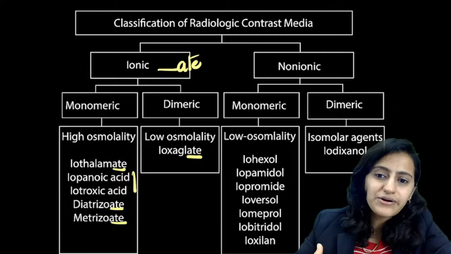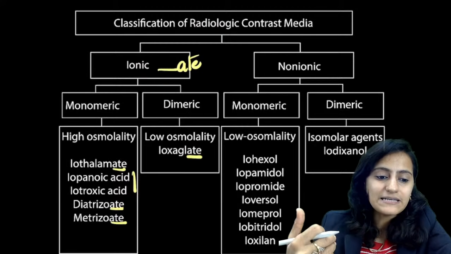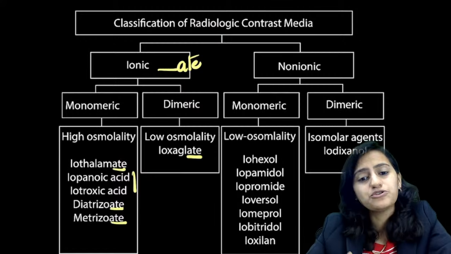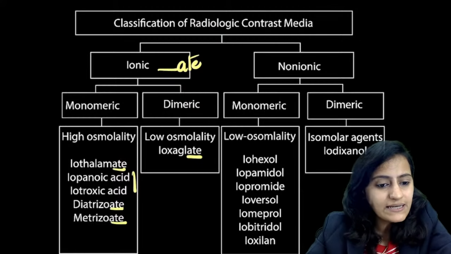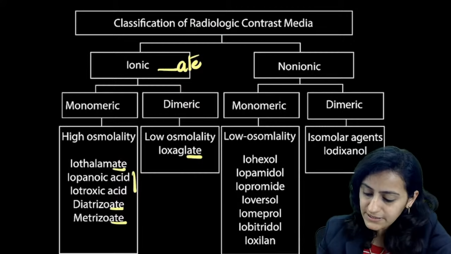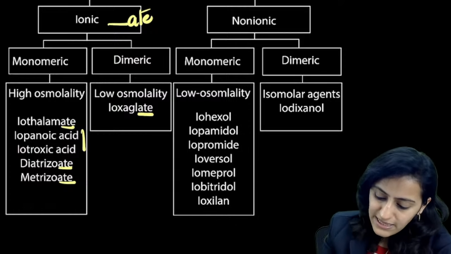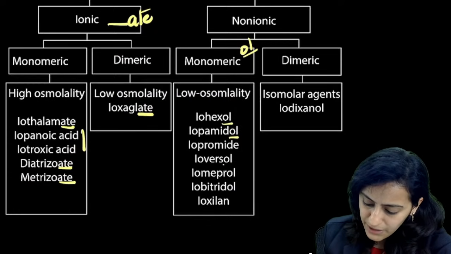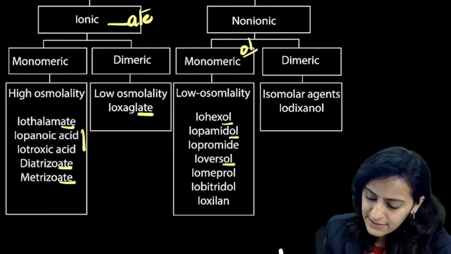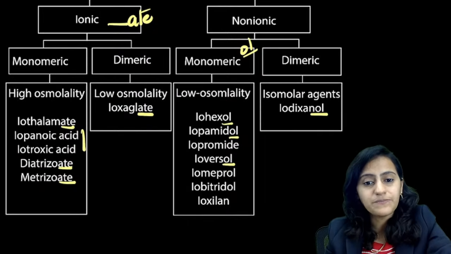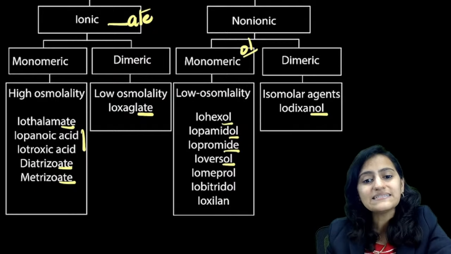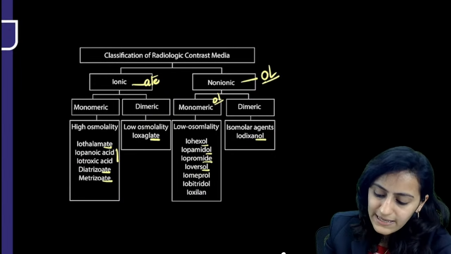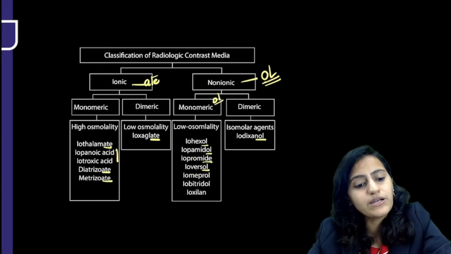So all the contrast media which end in ATE are going to be ionic contrast. The next one that we have is non-ionic contrast. They end in OL: iohexol, iopamidol, ioversol, then you have iodixanol or iodixanol amide. These are non-ionic contrast. So remember the OL ending contrast are non-ionic.